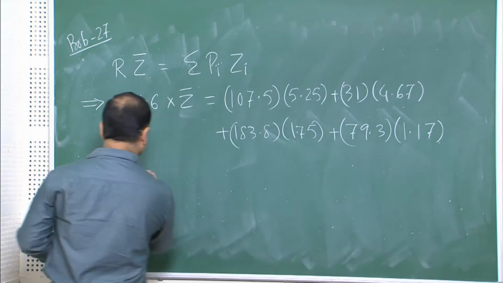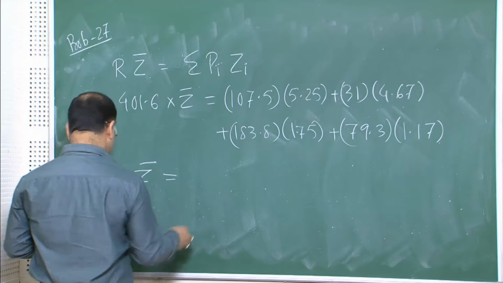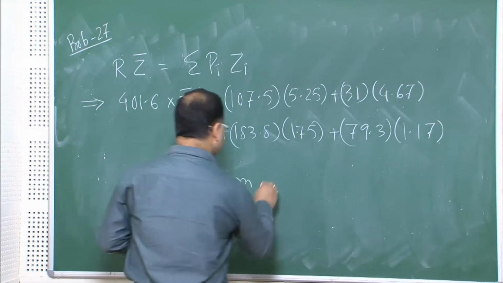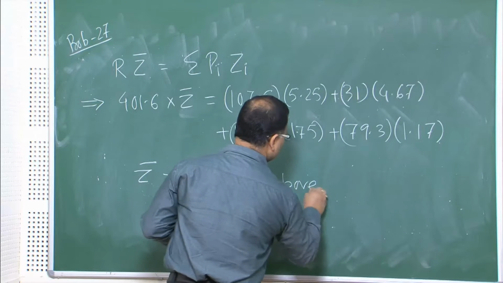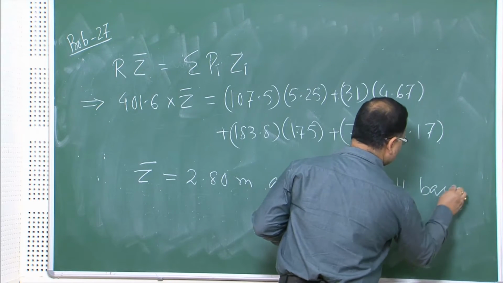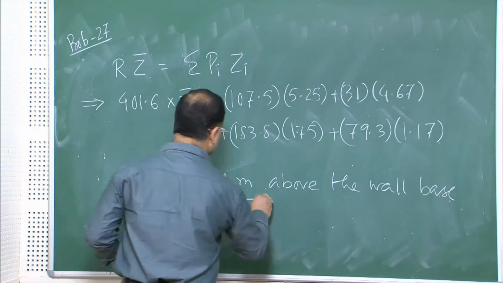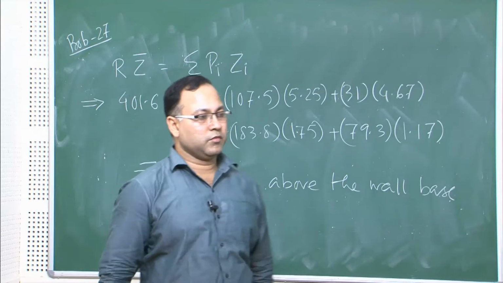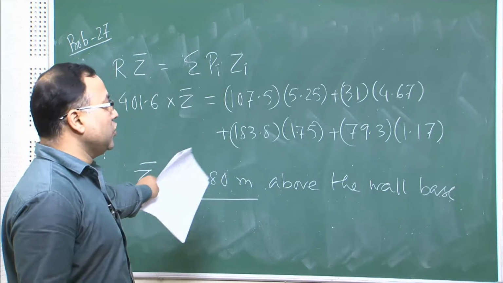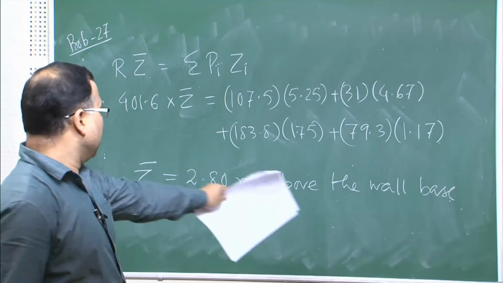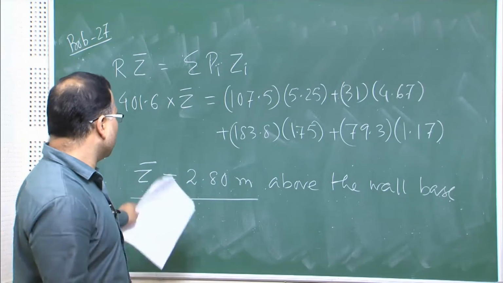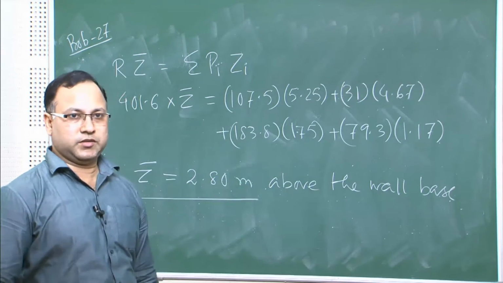So, from this I will be getting Z bar equal to 2.80 meter above the wall base. Okay. So, this is your resultant force R and this is the point of application of the resultant force, that is 2.8 meter above the wall base.